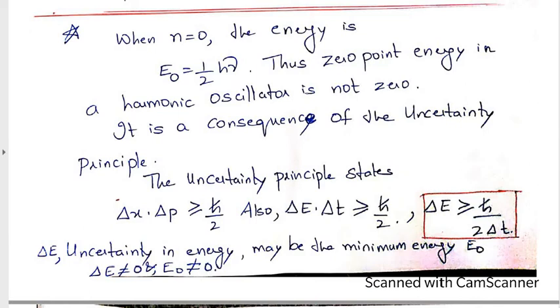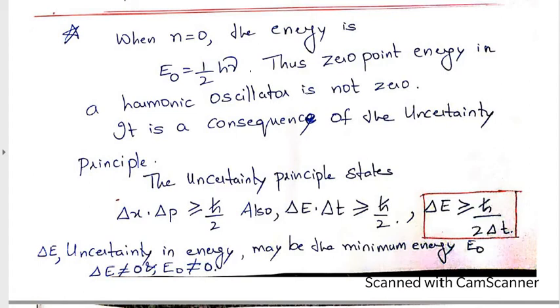Time interval cannot be equal to 0. Delta T cannot be equal to 0. So uncertainty in energy, maybe a minimum value, means it is E naught. So uncertainty in energy also can never be equal to 0, because product of delta E into delta T is not equal to 0.